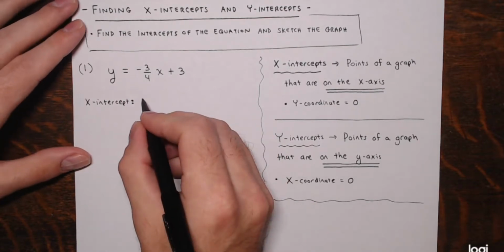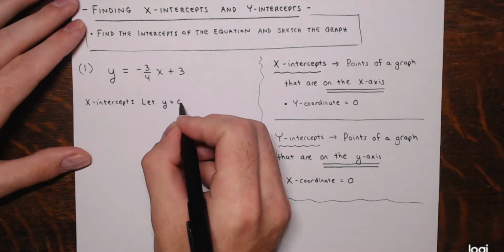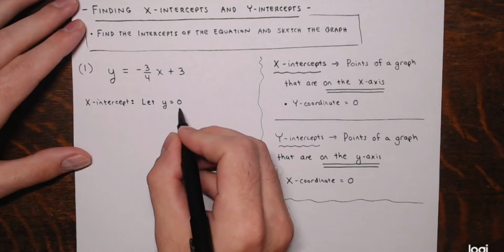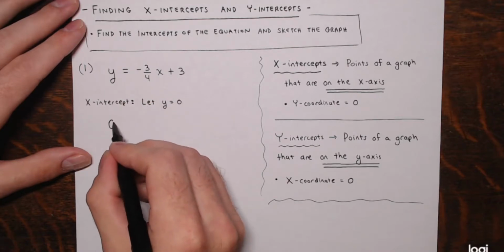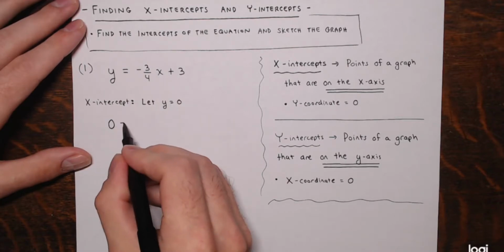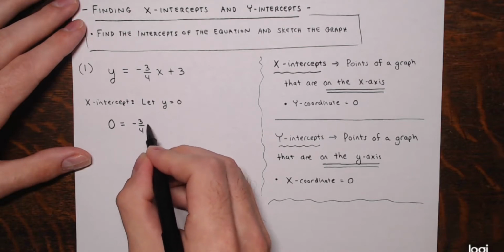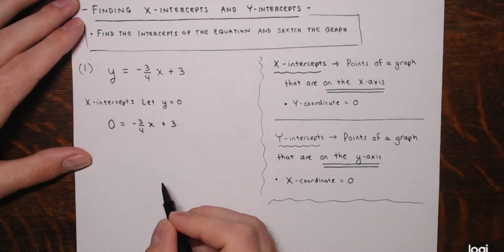So remember, we're going to let y be 0, right? The y coordinate, the second coordinate of the ordered pair, be 0, and then solve for x. So I put in 0 for y, right? So the left side of the equation becomes 0, equals negative 3/4 times x plus 3, and then I solve for x.